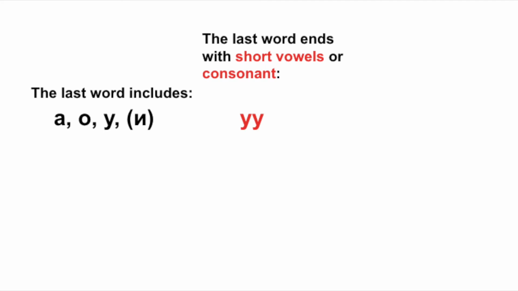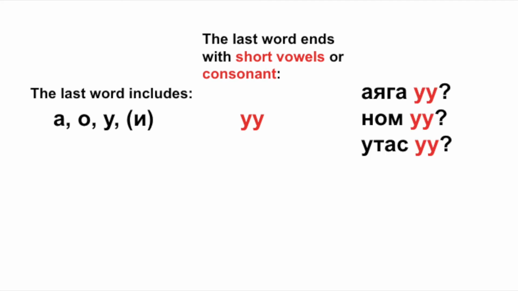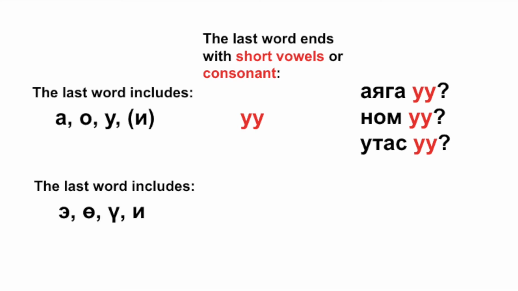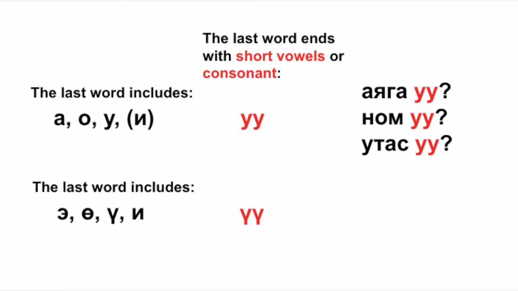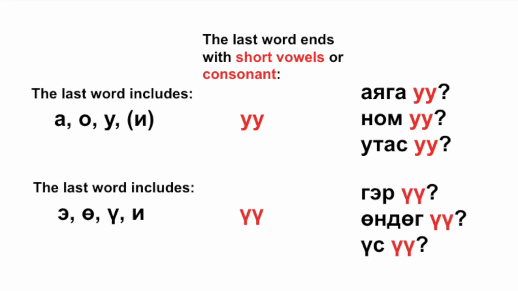For example, aigoo, nomo, otso. And when the last word has e, ö, ü, it takes u. For example, giru, ündü, usu.